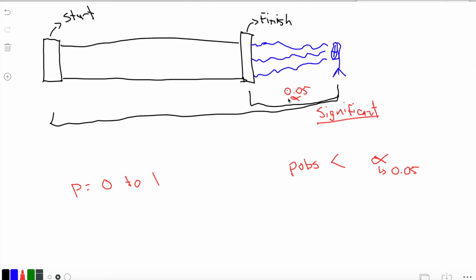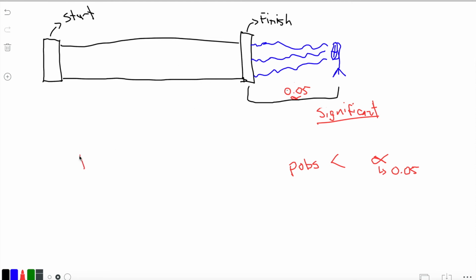And that means that if our p-value is smaller than 0.05, our runner is within the range of the fan, and our two groups are different. But if our runner is greater than 0.05 from the fan, they're going to be over here not feeling the effects of the fan, which means our two groups are the same.